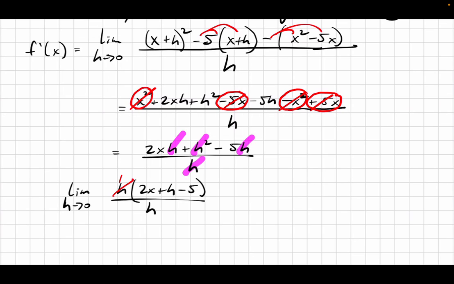Factor out h. So after all this, I have the limit as h approaches 0 for 2x plus h minus 5.